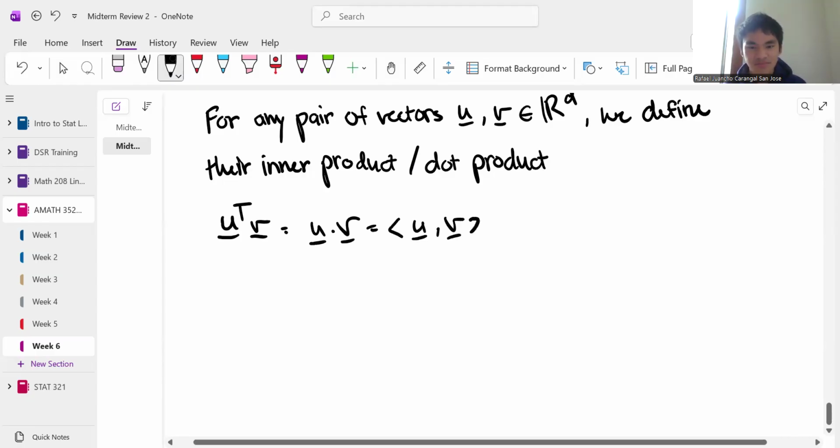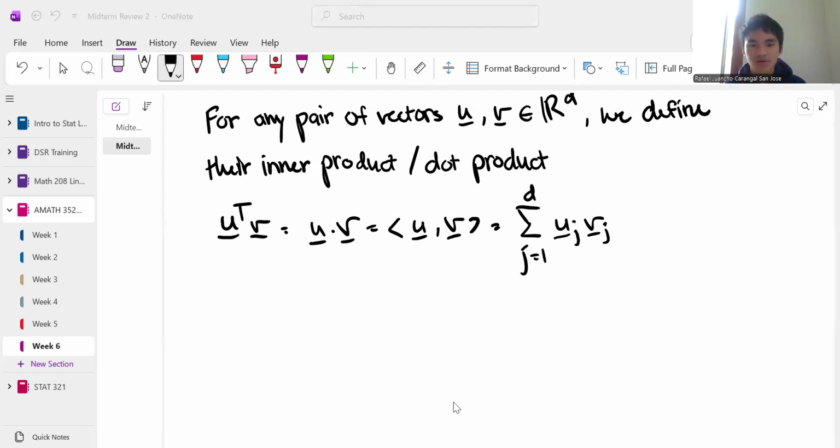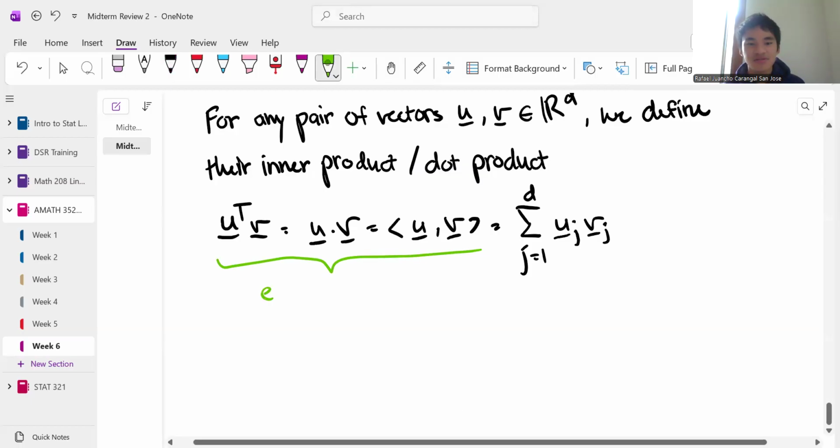And this is the same thing as the summation all the way to D from j equals 1 of uj vj. Someone put i, why did they do that? So these are all equivalent notations. Whenever you go to a textbook and see one of these notations, you know it's the inner or dot product.